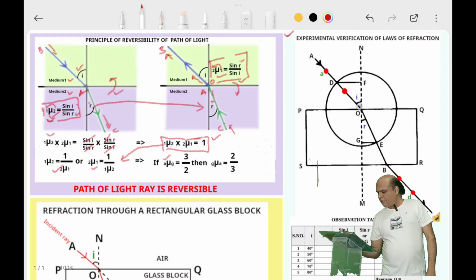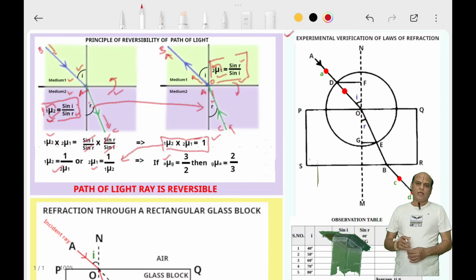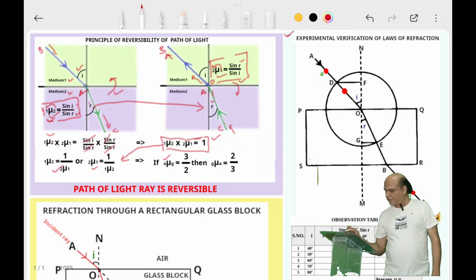Using a protractor, draw OA at an arbitrary angle I. So this AO represents the incident light ray.